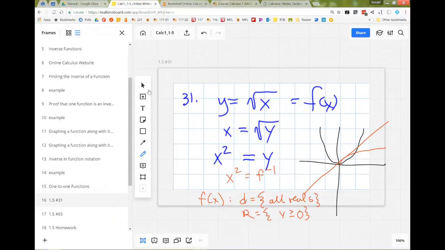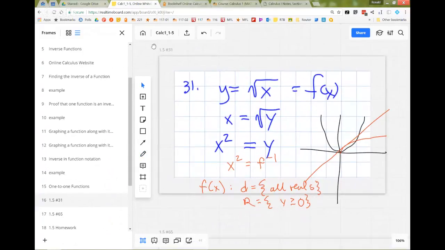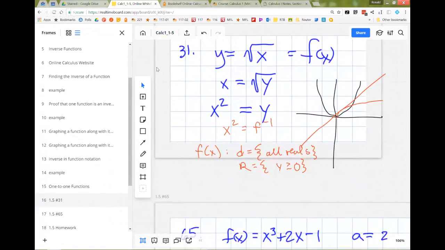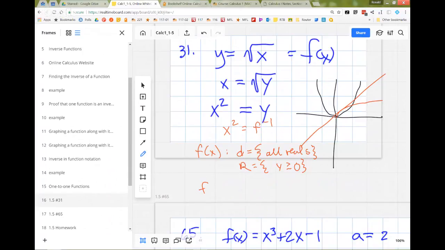And then when you do the f inverse, that's the red curve over here. The domain is x is greater than or equal to 0. And the range is greater than or equal to 0.